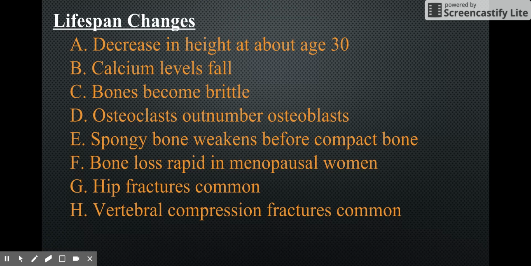And these vertebral compression fractures, like I spoke of before, are going to become more common. This is also why people can start to have that sort of humped shape in their spine when they get a little bit older, due to these little fractures and the loss of calcium and bone with age.